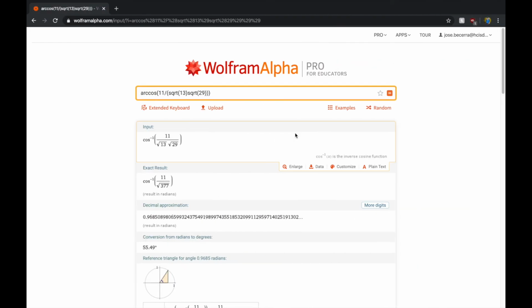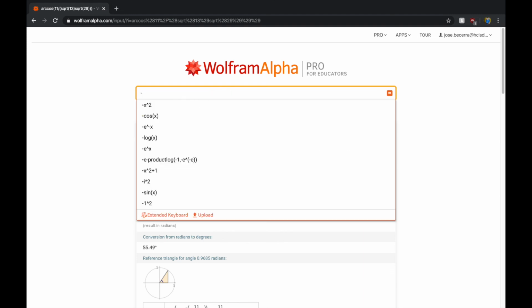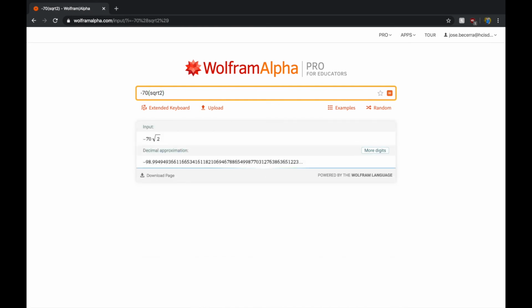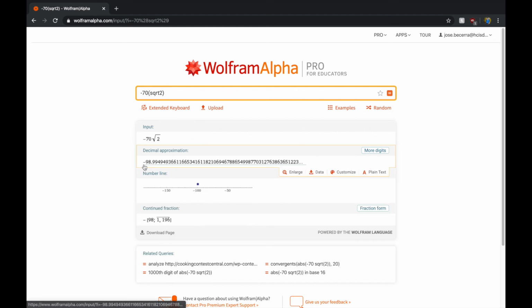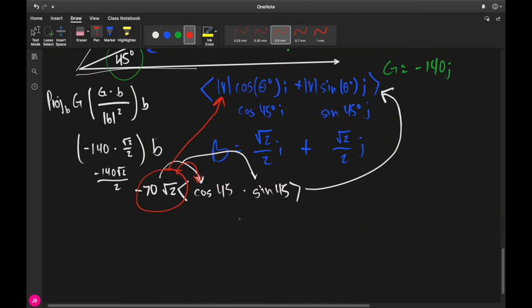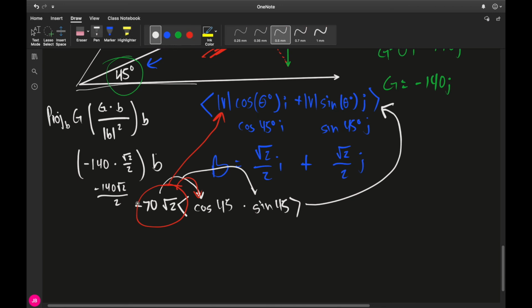And if we put negative 70 times the square root of 2 into our calculator, it's going to give us approximately 99 pounds. Now, since this is magnitude and it is a length, there is no need for that negative, because magnitude, which is equal to length, is always positive.